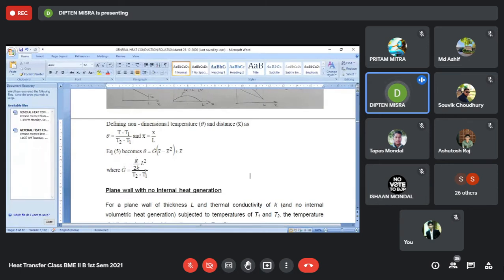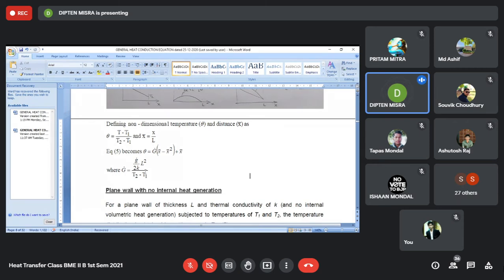And the advantage is that for a chosen value of G dot, I can plot a graph of theta versus x bar. For another value of G dot, I can redraw on the same graph paper theta as a function of x bar, like that. So on the same graph paper, I can have a series of graphs, each representing theta as a function of x with one specific value of G dot.